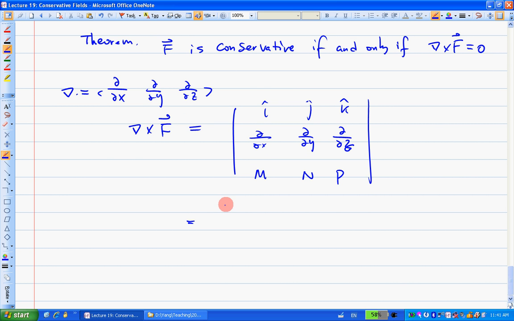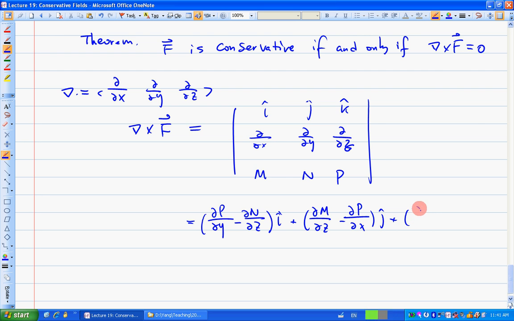Eventually, when you calculate this one, you end up with partial p over partial y minus partial n over partial z, i hat, plus partial m over partial z minus partial p over partial x, j hat, plus partial n over partial x minus partial m over partial y, k hat.